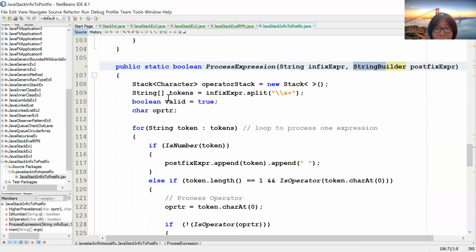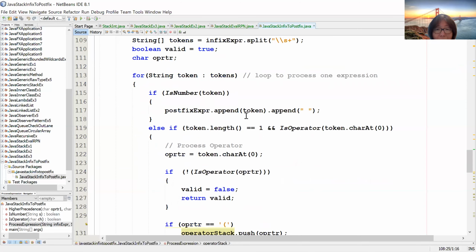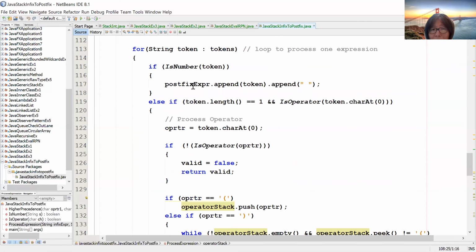So this time, like the algorithm said, we have a stack class, a character stack. Over here, I just use the Java library's stack class. Then we do the scan of tokens, which is pretty similar to the previous one. We determine if it's a number or an operator token.